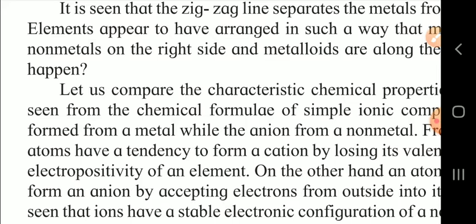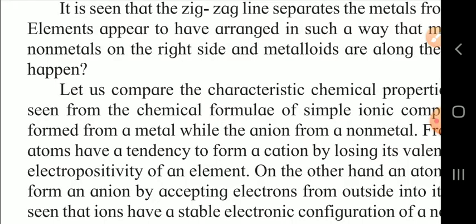Chlorine was a non-metal, and it forms an anion. From this we can understand that a metal atom has a tendency to form a cation by losing its valence electron. This property is called the electropositivity of an element.